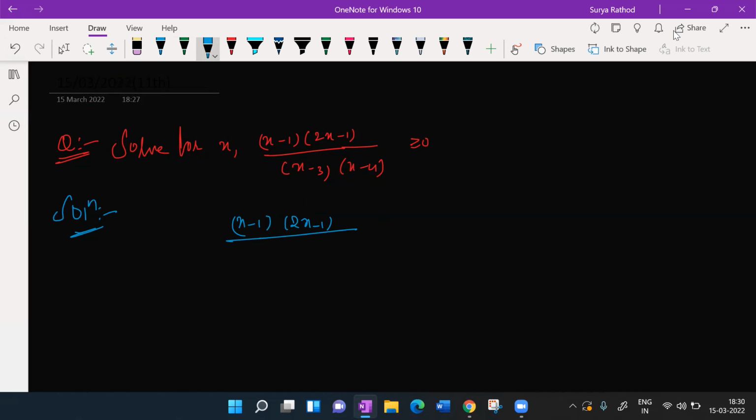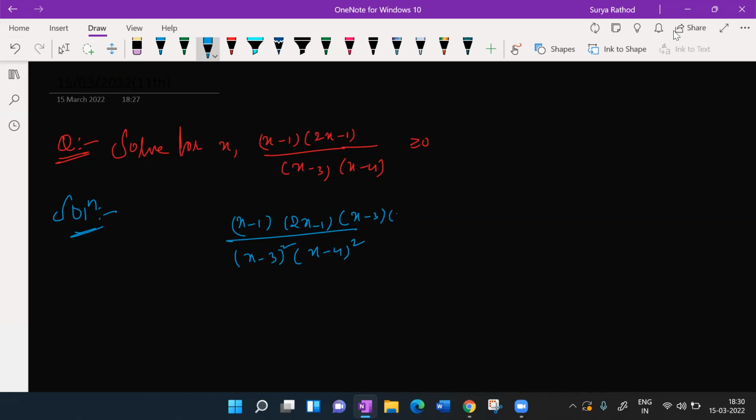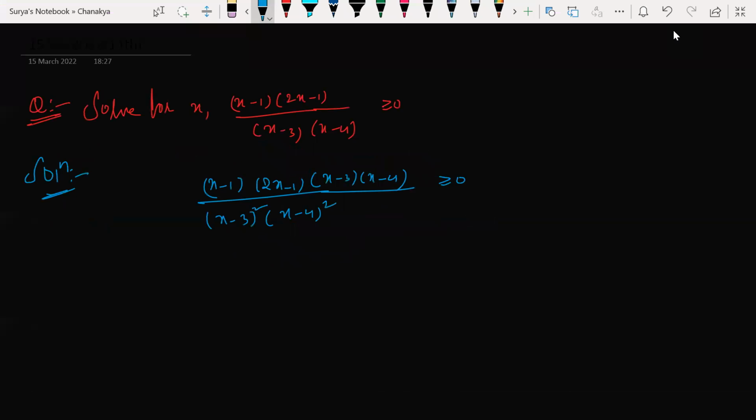For making the denominator positive, I'll just multiply and divide with x minus 3 and x minus 4 whole square. So x minus 3 into x minus 4 is greater than or equal to 0. Now the denominator part became x minus 3 whole square into x minus 4 whole square.